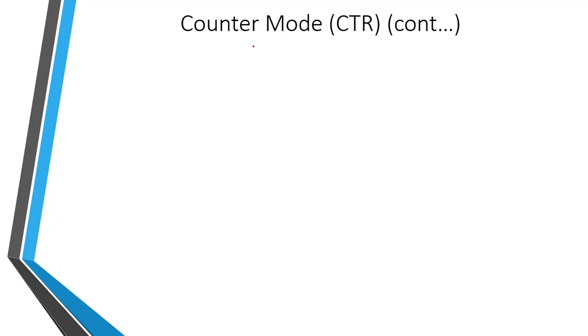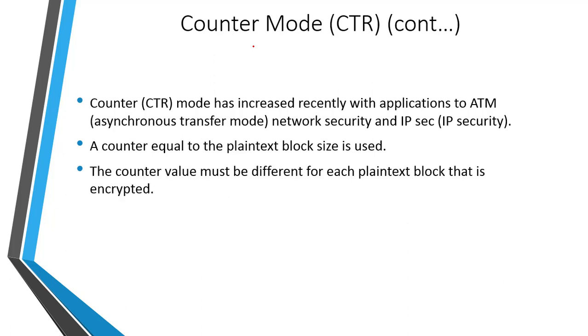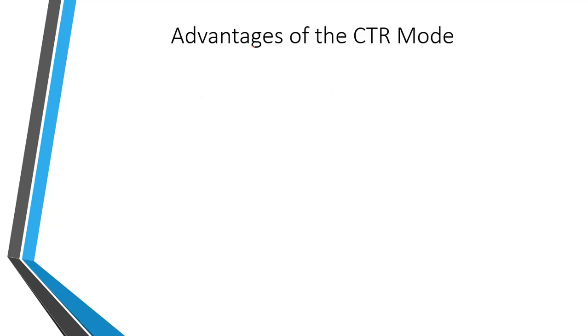Counter mode has recently increased in popularity, and is widely used in applications such as ATM and network security. A counter equal to the plaintext block size is used, and the counter value must be different for each block. Typically, the counter is initialized to some value and then incremented by 1 for each subsequent block.